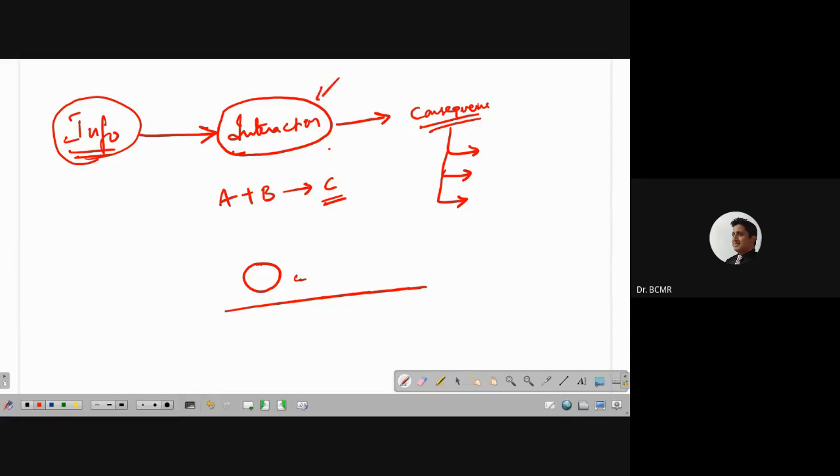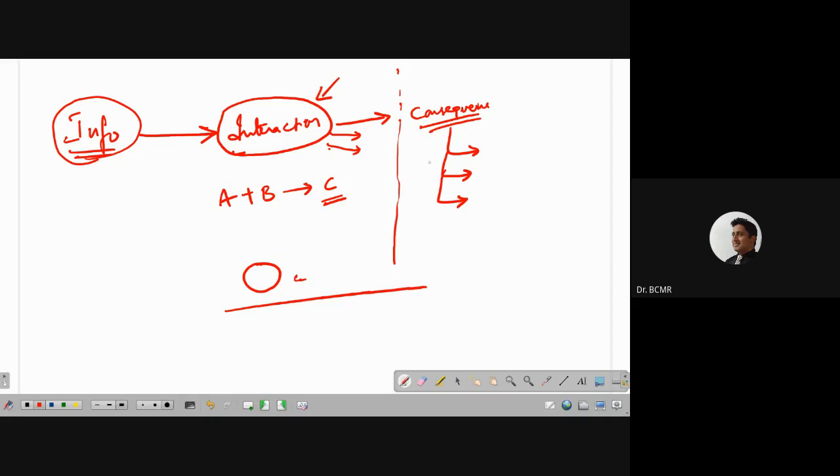Why I am emphasizing on interactions is that the interactions could be fruitful, could be useful, may not be useful, or may not be any functional, right? And here selection happens.